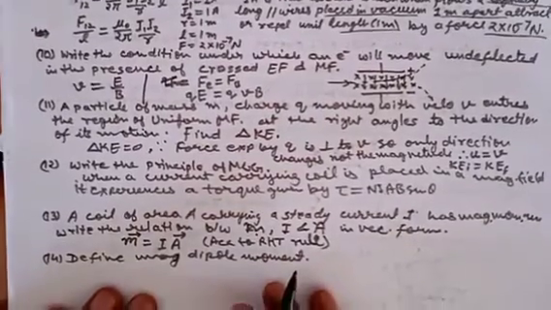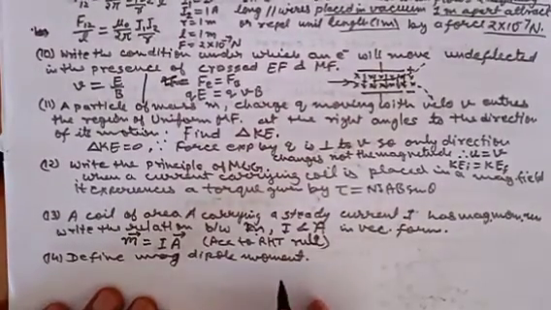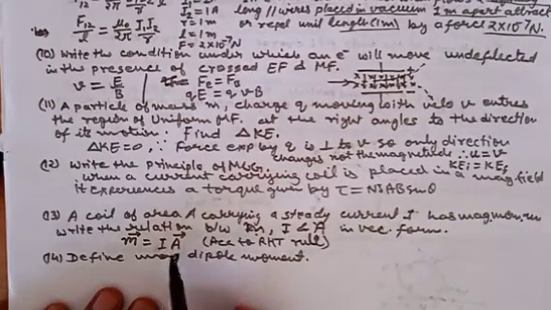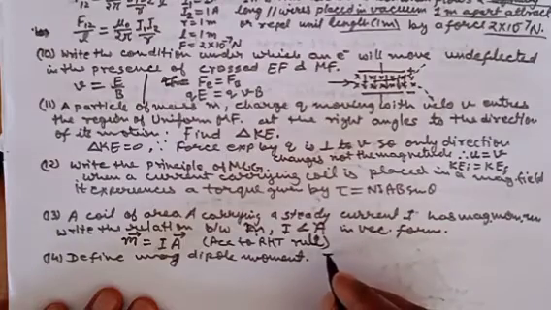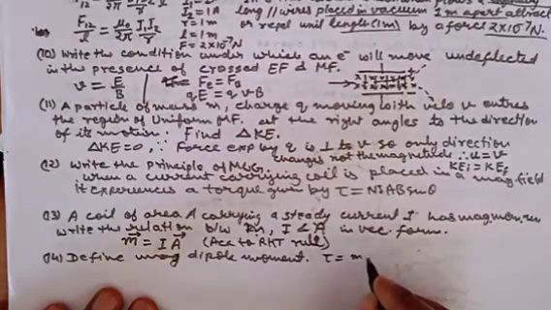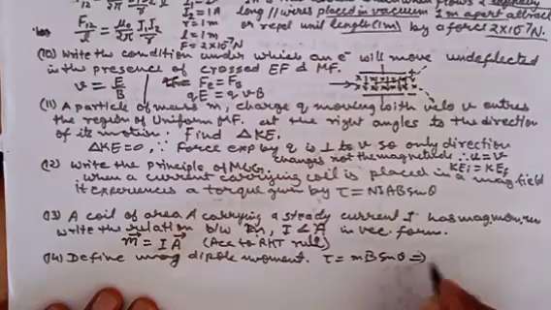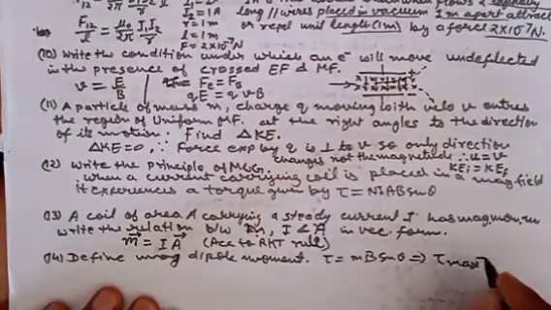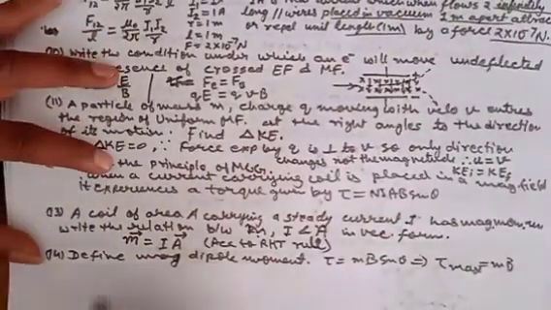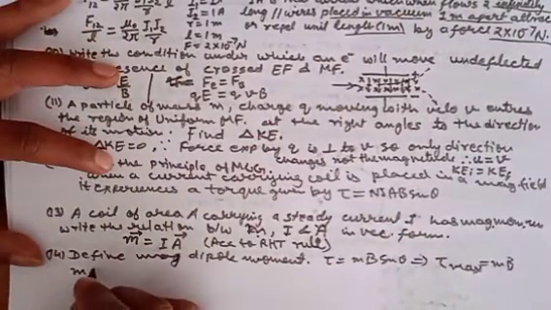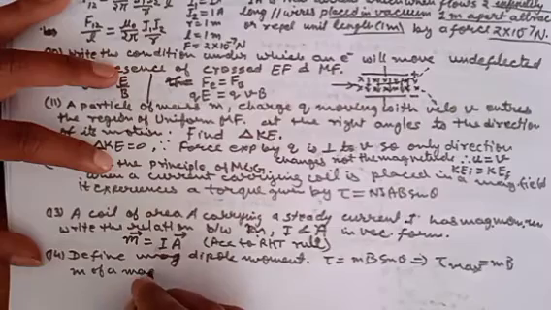Okay, so next, define magnetic dipole moment. So actually we have this formula, but we have another formula, because we know that a magnetic dipole experiences torque which is given by mB sine theta, and maximum torque is given by mB. From here we can define magnetic dipole moment.